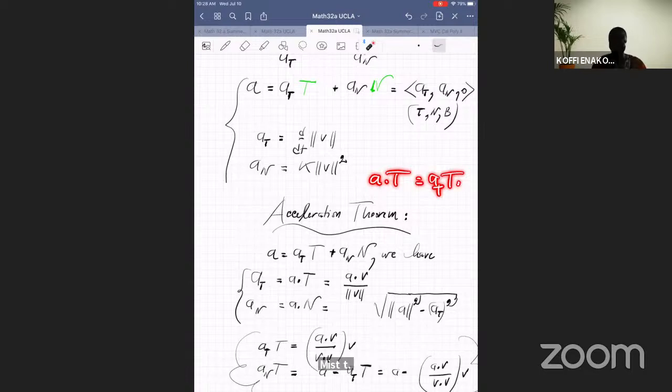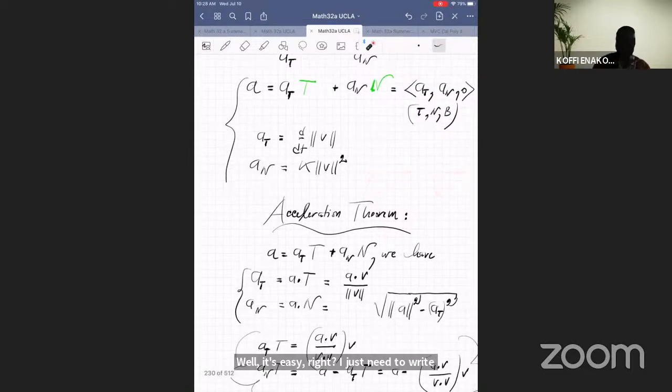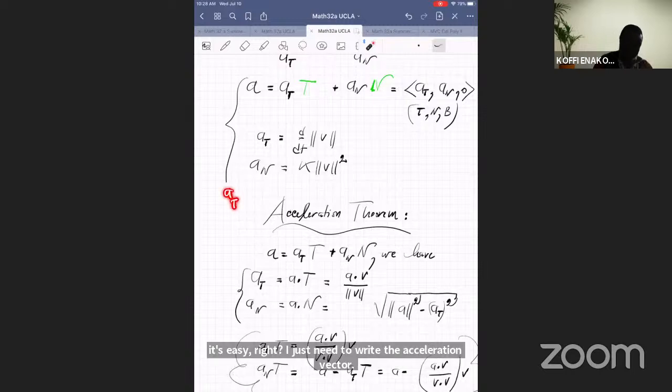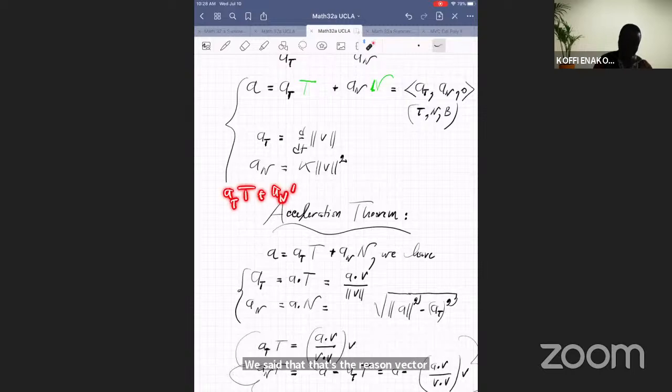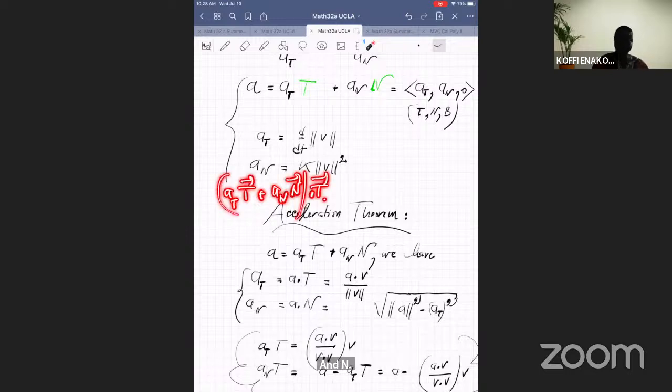I just need to write the acceleration vector A. We said that the acceleration vector is A_T T plus A_N N. So if you dot with T, since N and T are orthogonal, what is the dot product between N and T? 0. So this term goes away, and I'll have A_T times T dot T. But what is T dot T? It's the norm of T squared, which is 1. So that will give me A_T.